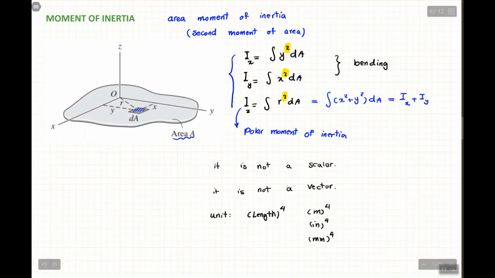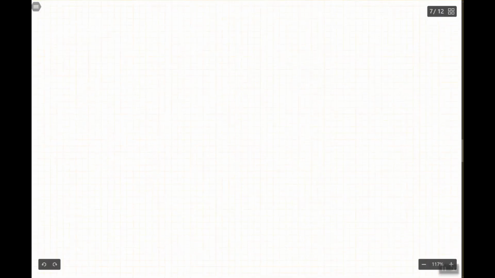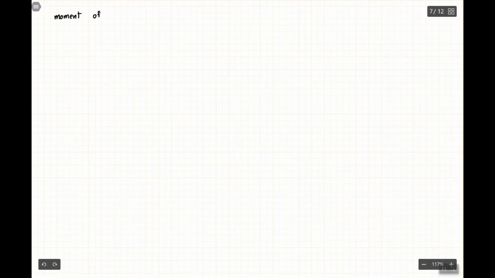All right. Okay, now let's see how we can calculate the moment of inertia for simple geometry. For simple geometries, they have been tabulated.